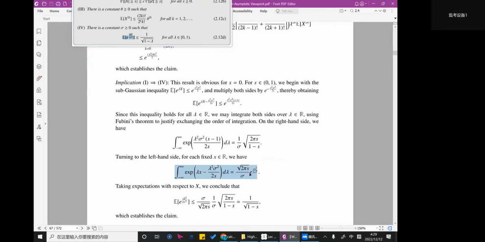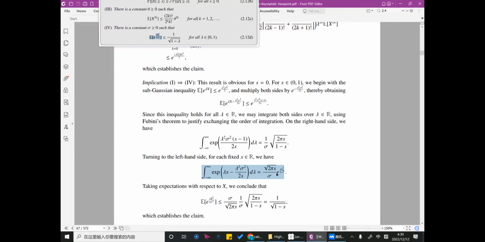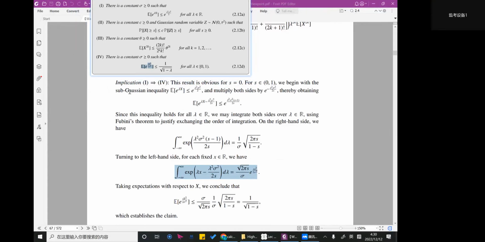Let me see. By the sub-Gaussian inequality, multiply, we get this. Equivalently, the left hand side equals this. For fixed x, this is satisfied, and the right hand side satisfies this. And take expectation with respect to x.